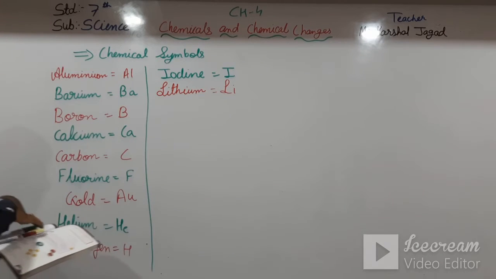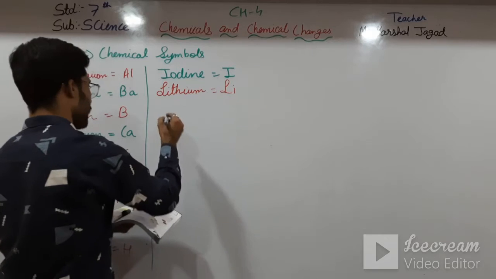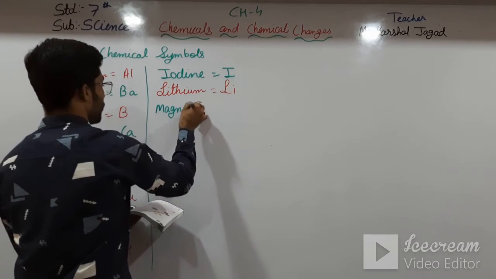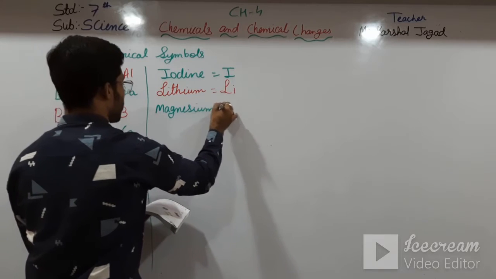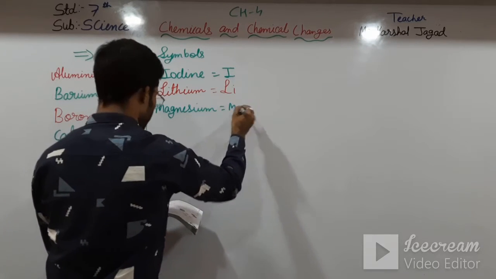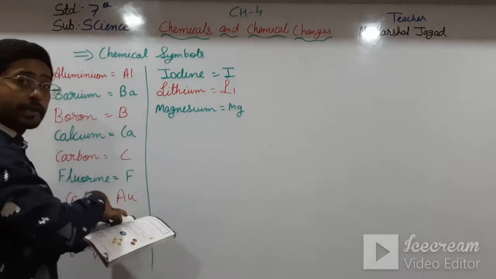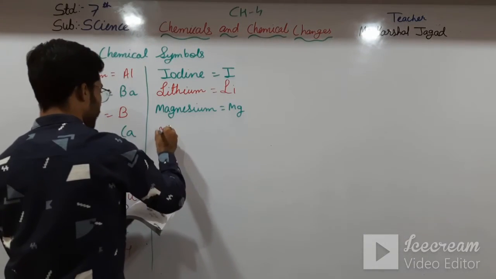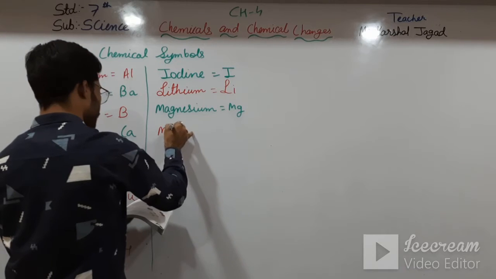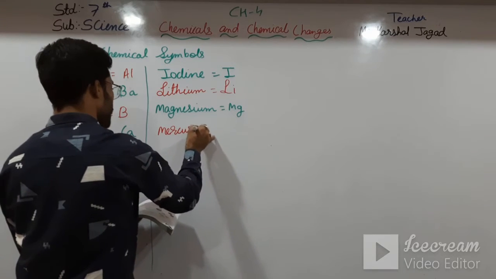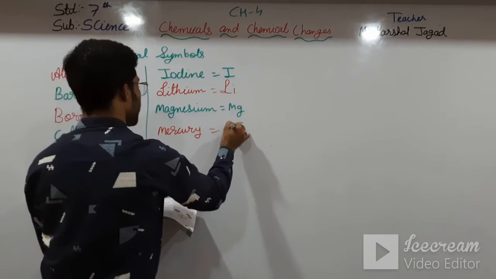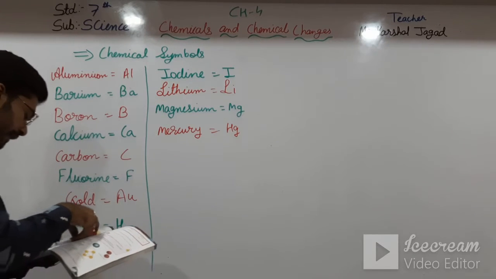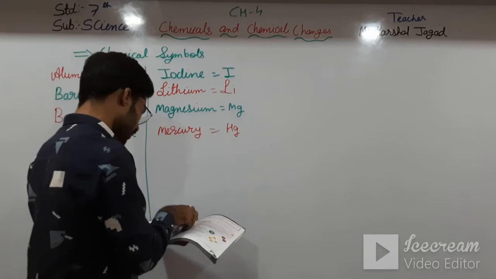Then coming magnesium, that is Mg. Then mercury, that is Hg. Why is it known as Hg? You can see the spelling down in the bracket.